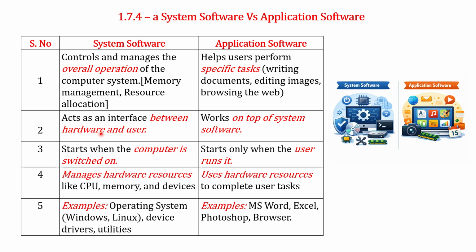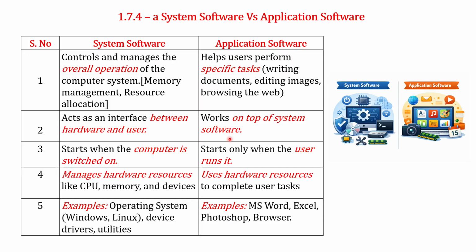The system software acts as an interface between the hardware and the user. Since the user cannot interact directly with the hardware components, the system software enables the communication between the hardware and the user. Whereas the application software works on top of the system software.